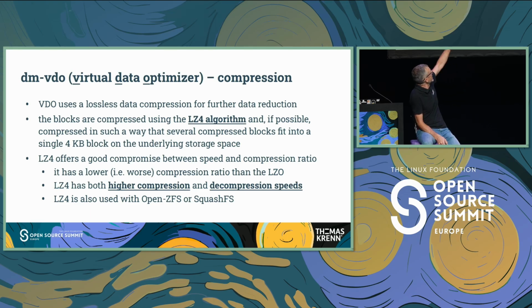And this LZ4 algorithm provides a good compromise between speed and compression ratio. So although it doesn't have as good a compression ratio as the LZO algorithm has, it's faster for compression and decompression speed, and it's also being used for OpenZFS or SquashFS, so it's a good example to use here to get a good balance between speed and compression ratio.